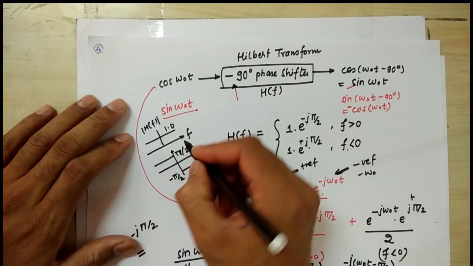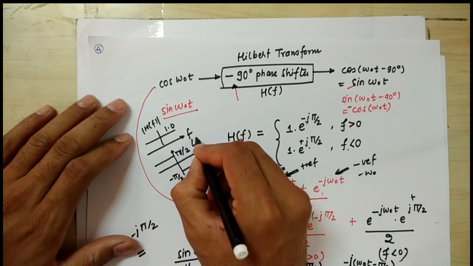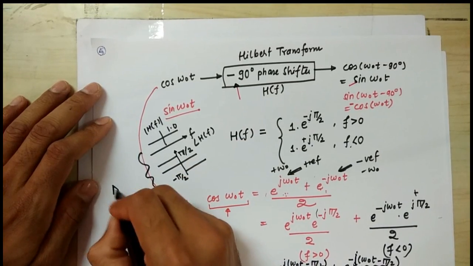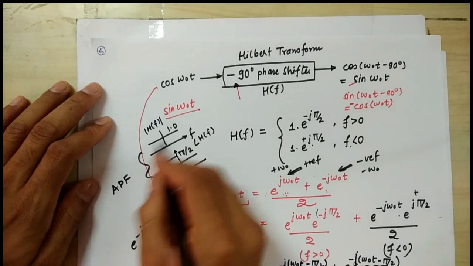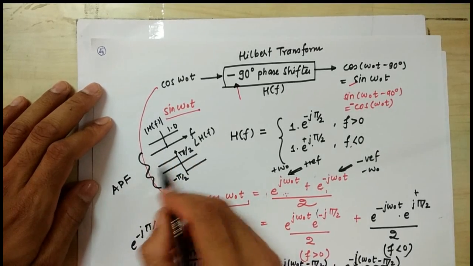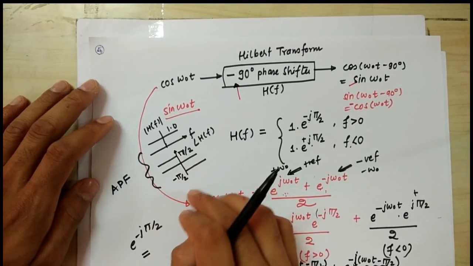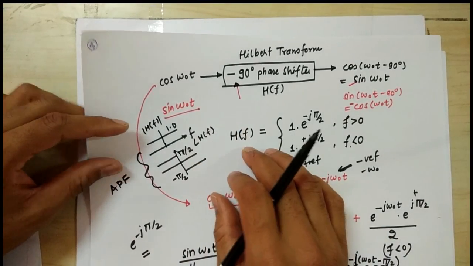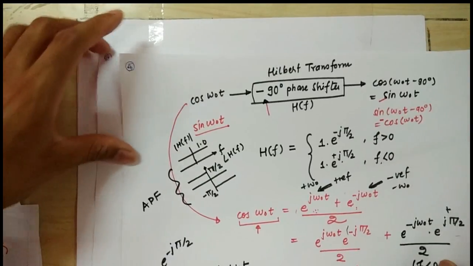So this is basically the angle of this. This kind of filter, we also call it all pass filter, whose gain is unity but the phase is different. So it just changes the phase of the signal. This is basically about the Hilbert transform.